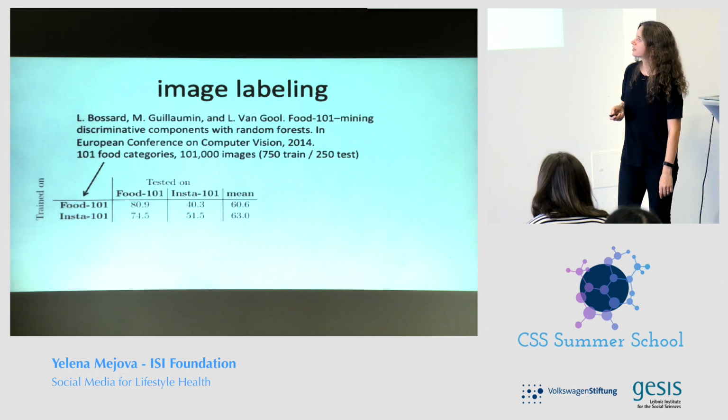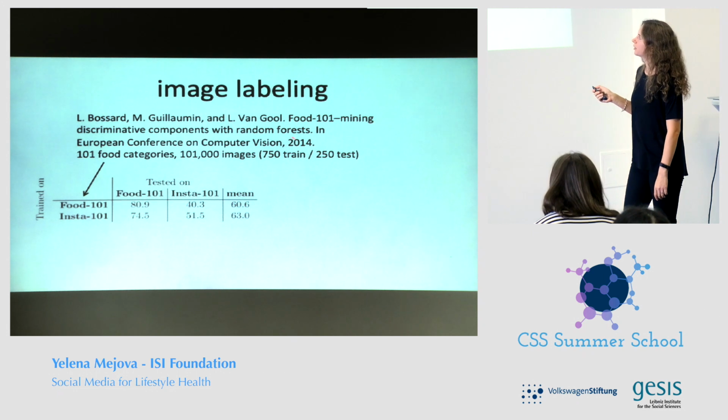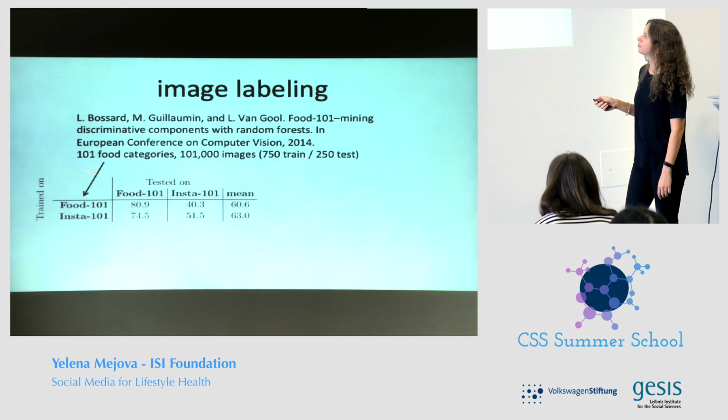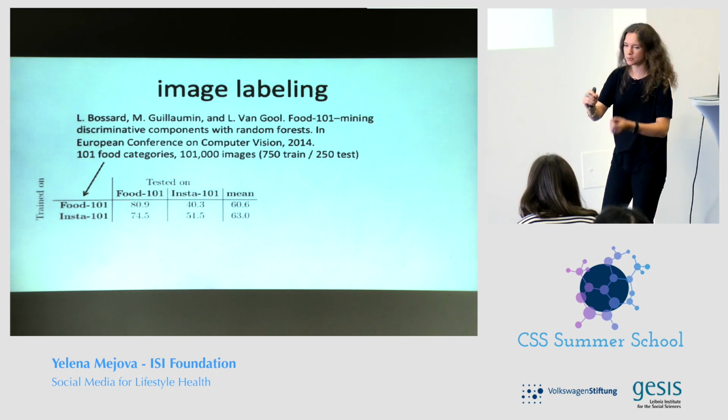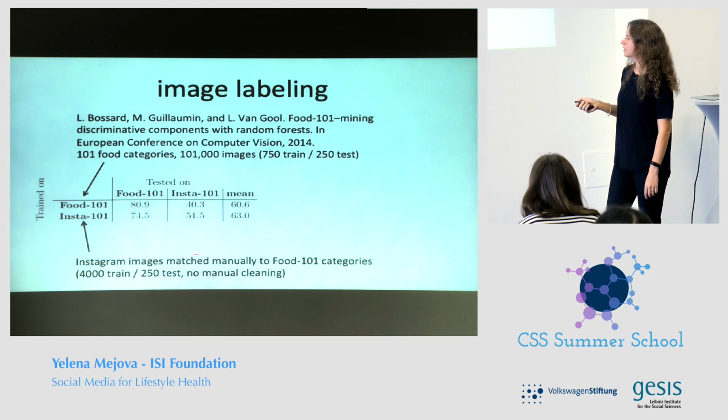Now, where did these tags come from? Well, again, there are some previous efforts that have put together 101 food categories and images that go along with them, so really meticulous, nice work. And in this paper, they basically took Instagram images and matched them to these categories.